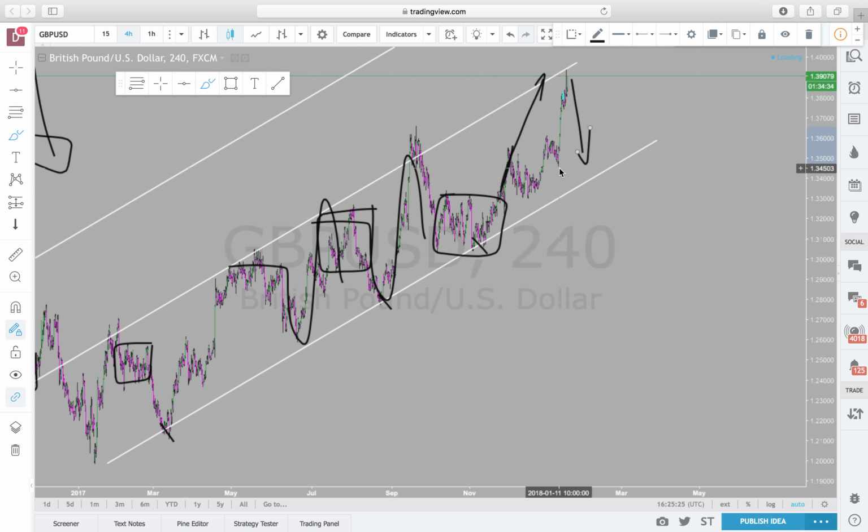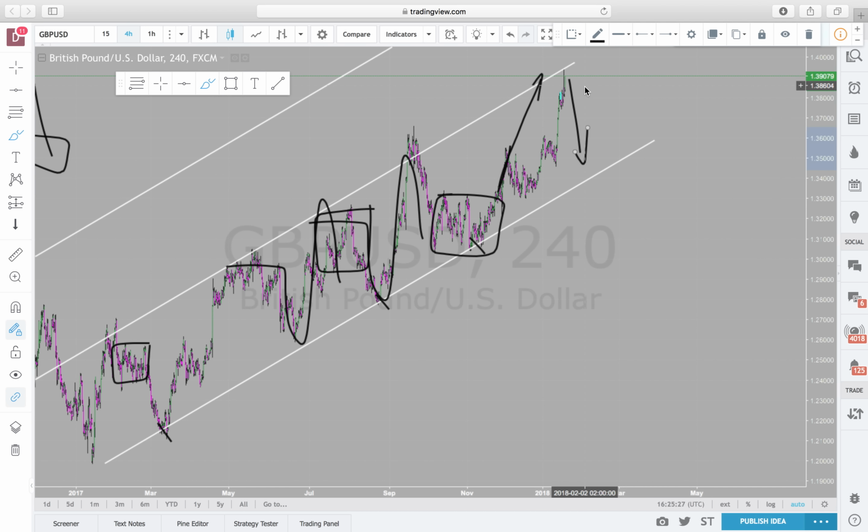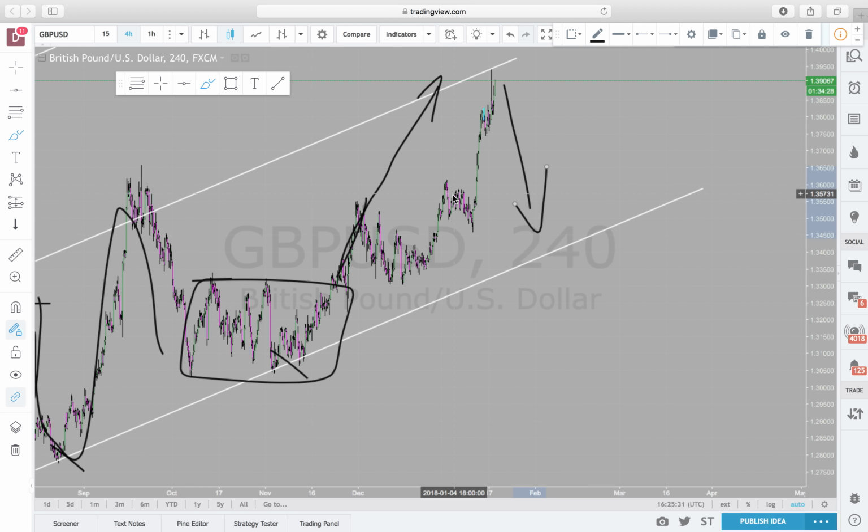A correction in the trend to hit any stop losses of any people buying now. Any buyers that are in this chunk of consolidation, or even in here. You could see a complete whipsaw like that.